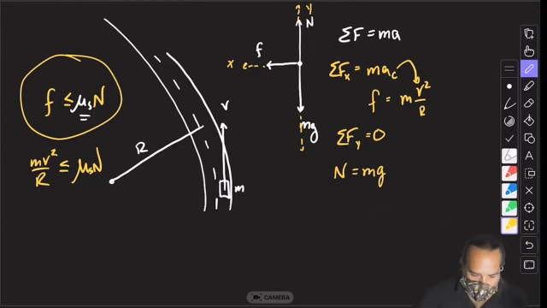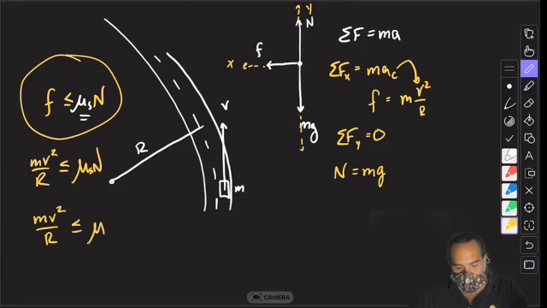So that's fine. So now we can do this substitution too into the friction equation, which is going to give us mv squared over r is less than or equal to mu times mg. Now I'm going to assume most of you who had a solid job last year got this far. Maybe not with the inequality.